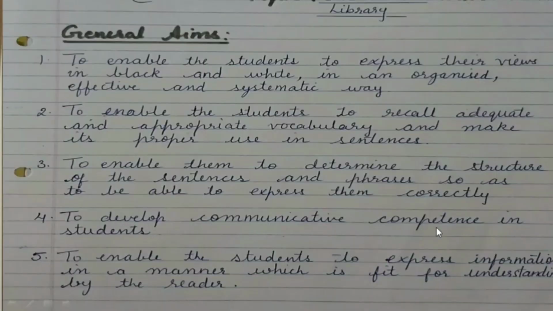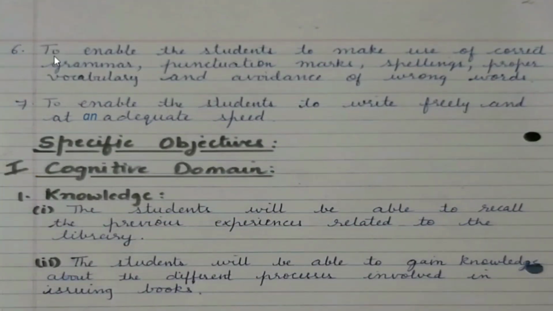To develop communicative competence in students, to enable the students to express information in a manner that is fit for understanding by a reader, to enable the students to make use of correct grammar, punctuation marks, spellings, proper vocabulary and avoidance of wrong words, to enable the students to write freely and at an adequate speed.